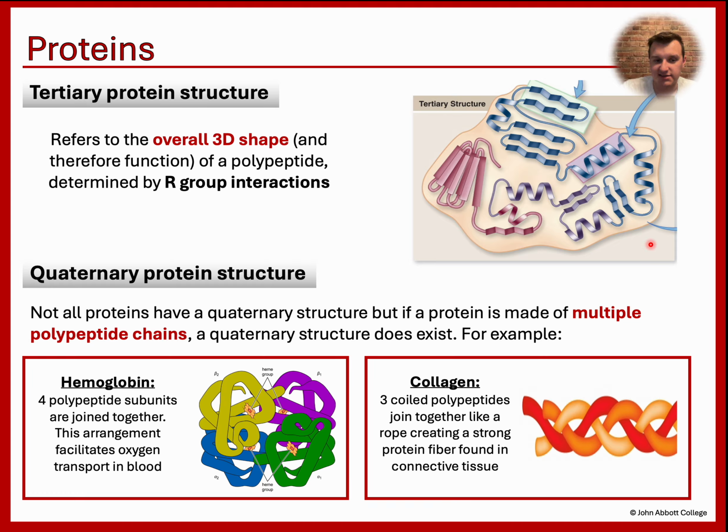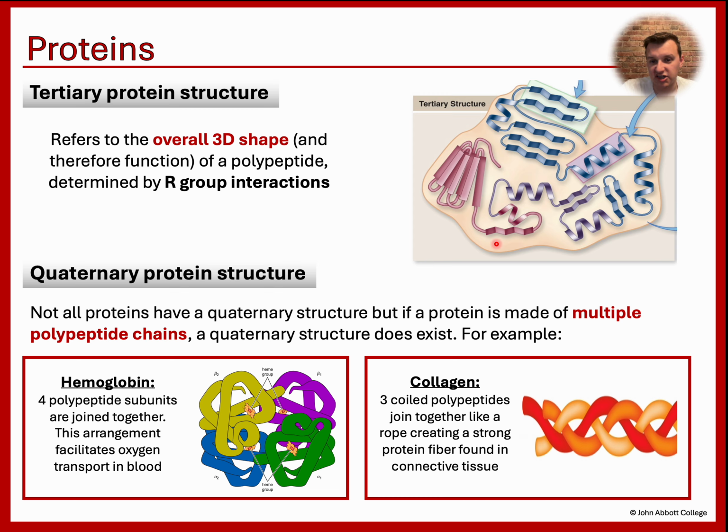And lastly, like I said, quaternary protein structure. Not all proteins have a quaternary structure, but if a protein is made up of multiple polypeptide chains, then a quaternary structure does exist, right? So for example, this protein here is one polypeptide.